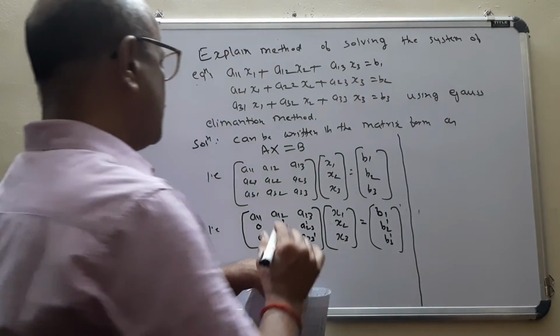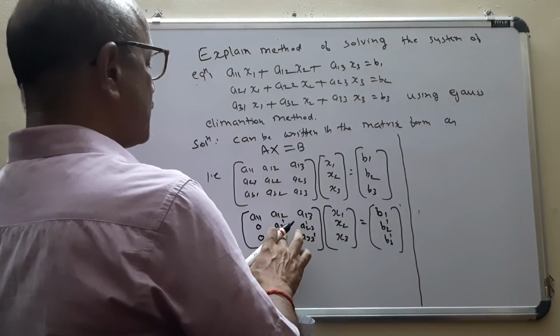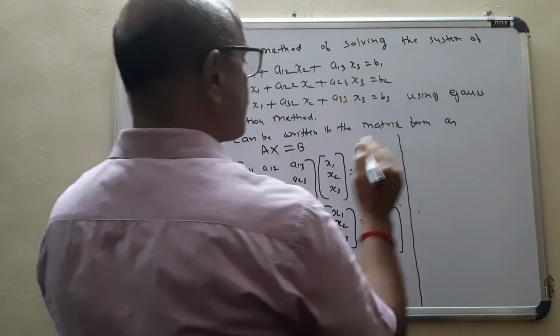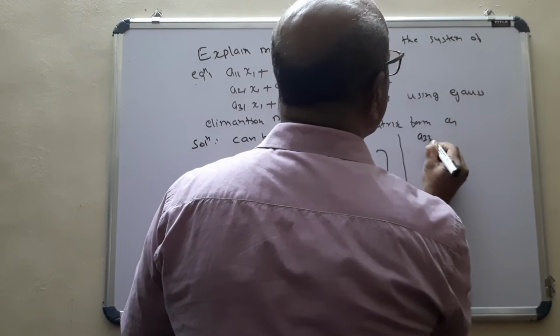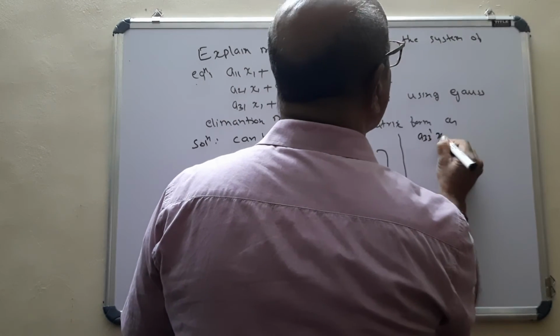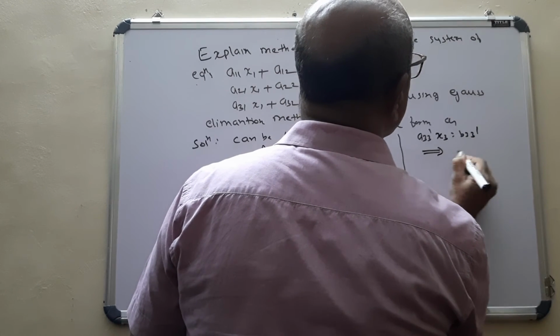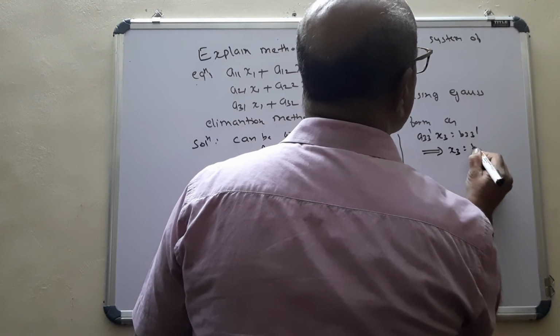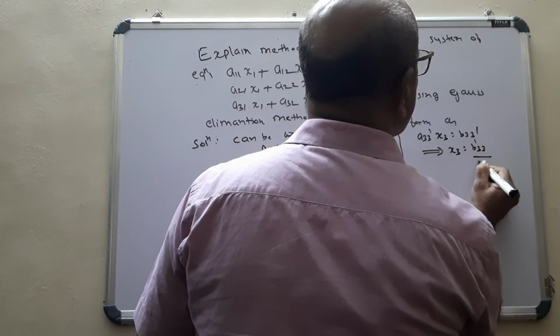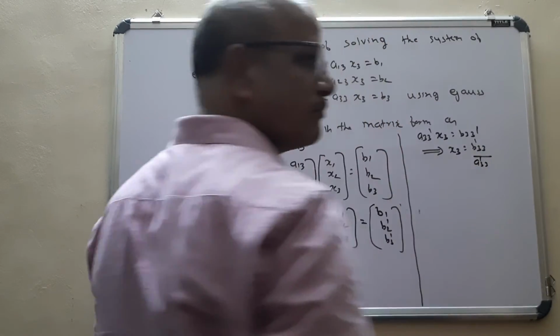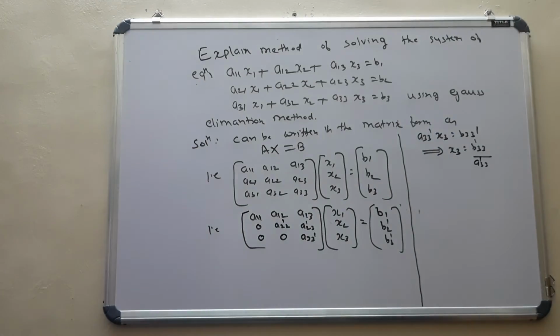How? See here, 0 into x1 is 0, plus 0 into x2 is 0, and the last one, A33 dash x3 is equal to B3 dash, and this gives x3 is equal to B3 dash divided by A33 dash. So this gives the value of x3.